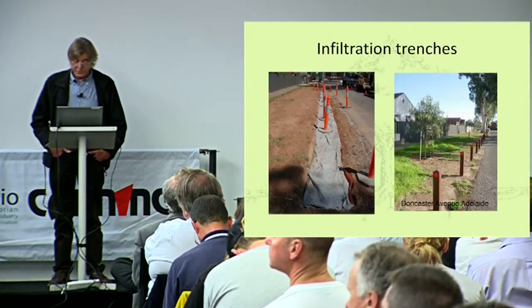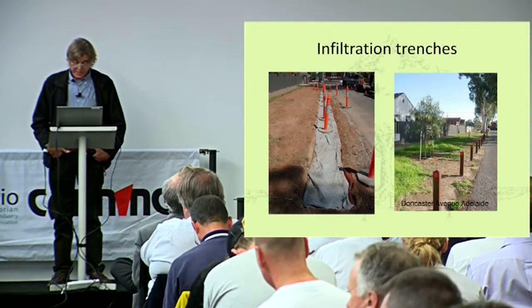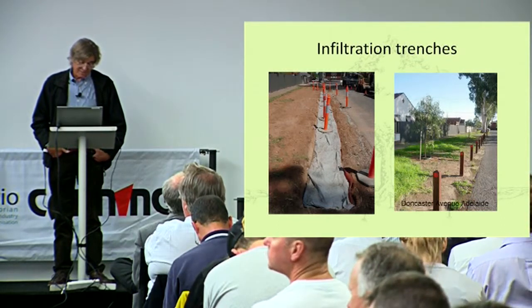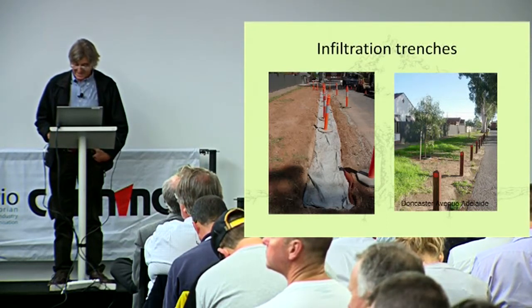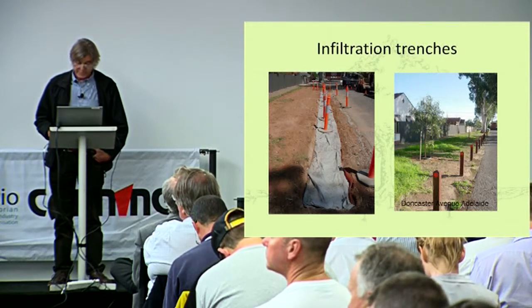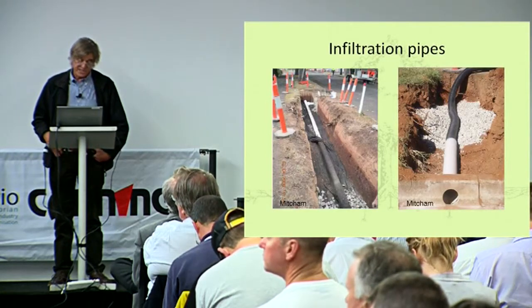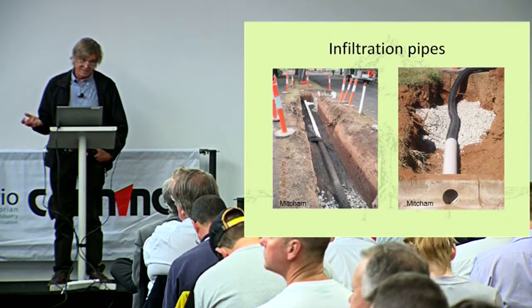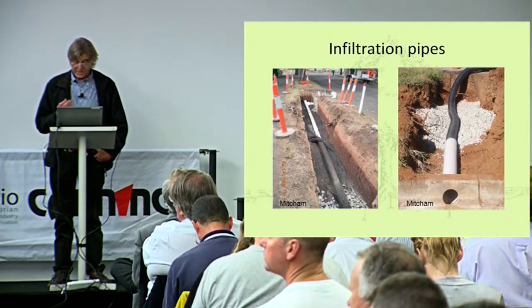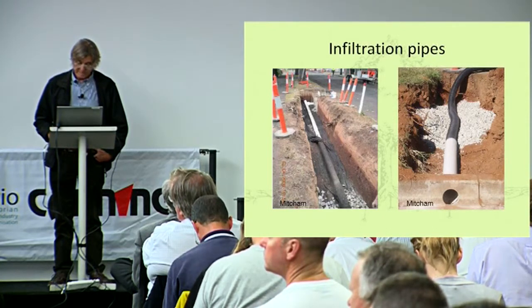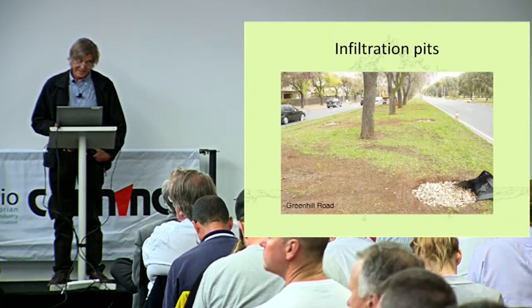Infiltration trenches, more examples from Adelaide, Doncaster Avenue, in a situation with no curbs, installing an infiltration trench for the benefit of some new river red gums. Infiltration pipes: there are various ways of connecting the kerb to the verge with infiltration pipes, channels, etc. Infiltration pits.